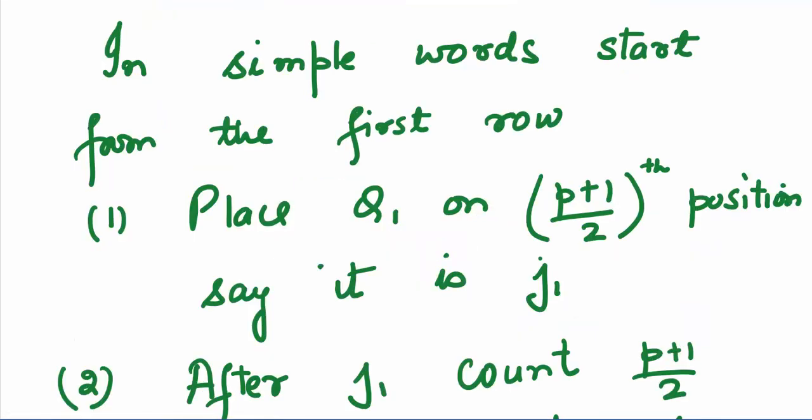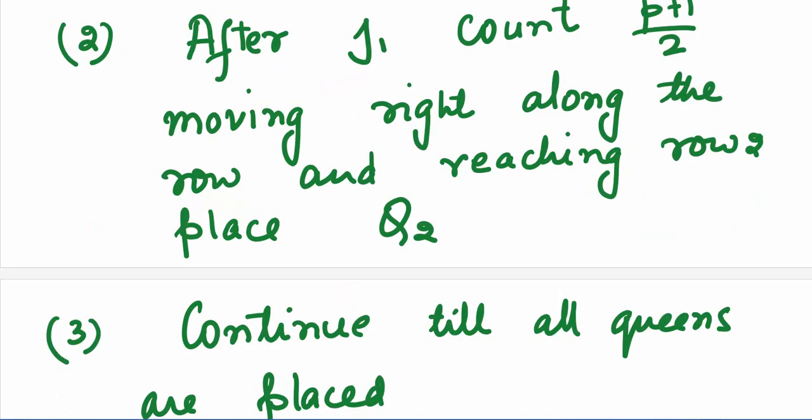Before we apply the formula, let's look at a very simple way of placing these queens. We will start with the first row. Place the first queen q1 on the (p plus 1) by 2th position, say it is j1. Once you've placed that, after j1, count (p plus 1) by 2, moving right along the row and reaching row 2 in case you reach the end of the row, and place q2.